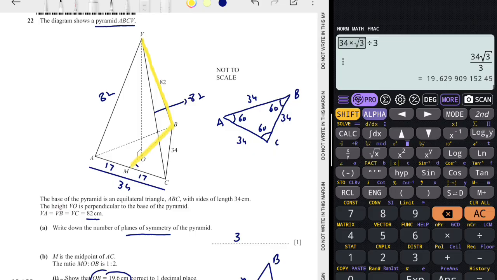So we have to find out actually this angle, and VO is already perpendicular, so we can easily make a right-angled triangle.